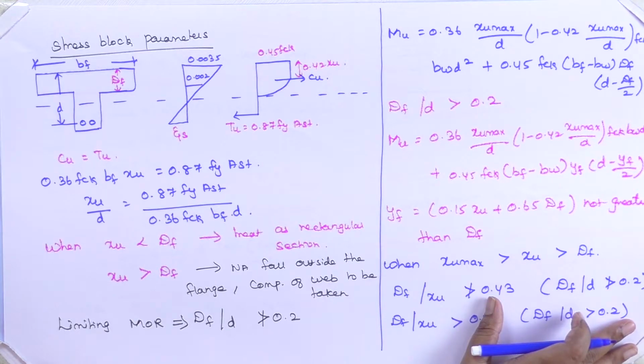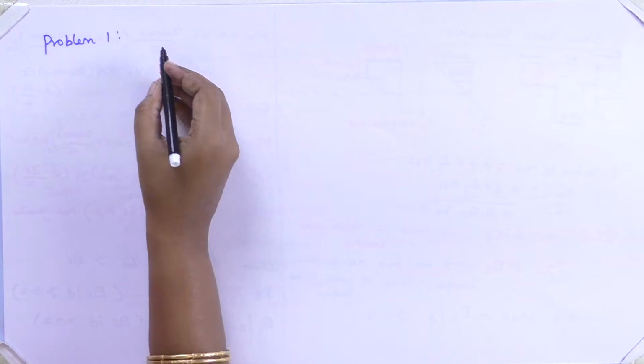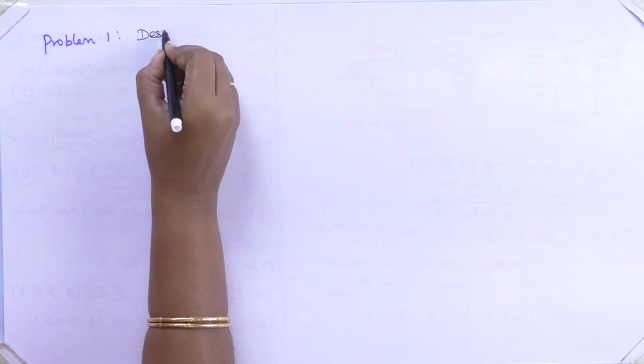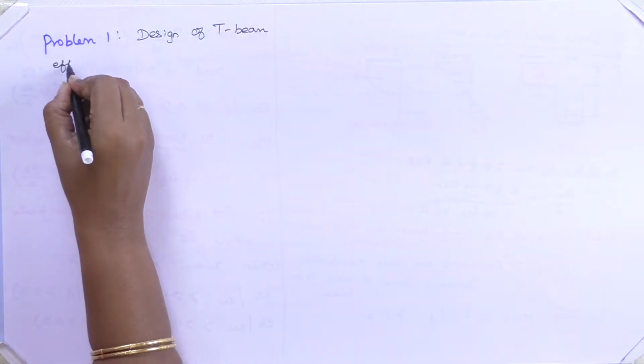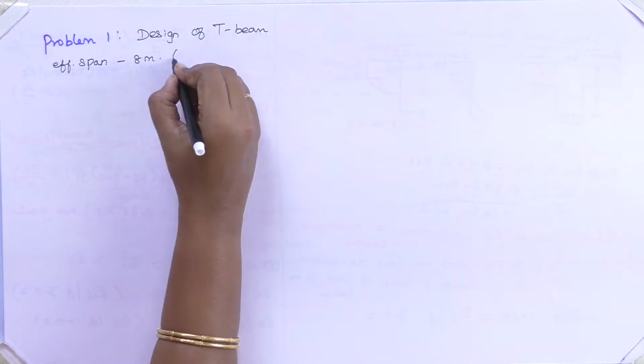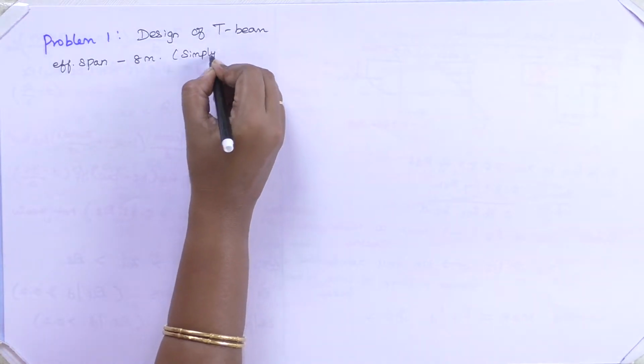We will see one problem related to T-beam. Problem 1. Design of T-beam. Effective span is given as 8 meters, simply supported.